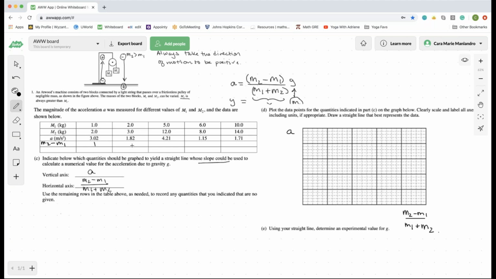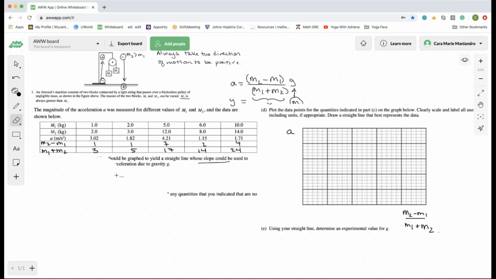So 2 minus 1 is 1, 12 minus 5 is 7. Bear with me, guys. I'm going to erase below so I have some more room.